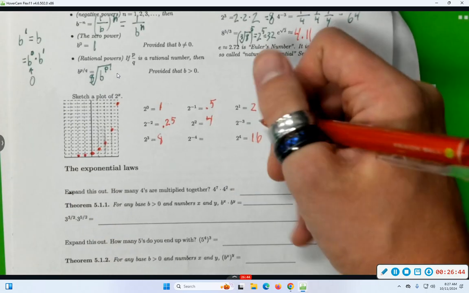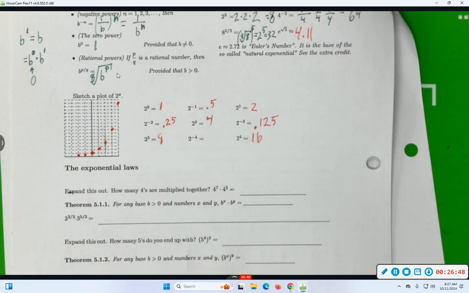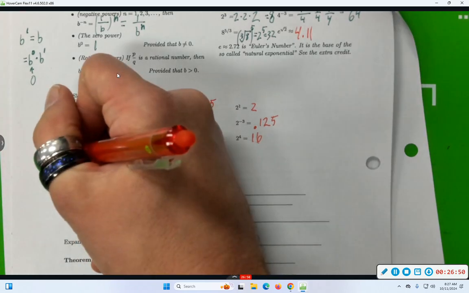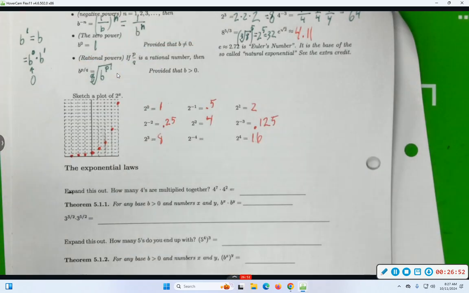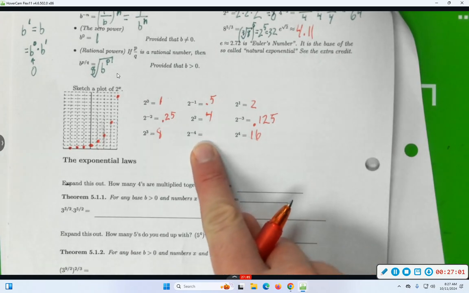2 to the power negative 3. 0.125. Awesome. And it's getting to the point where I can't tell that it's not 0 at the scale that I draw because of the big fat dots I'm drawing. 2 to the power negative 4, divide by 2 again. I think that's 0.0625.